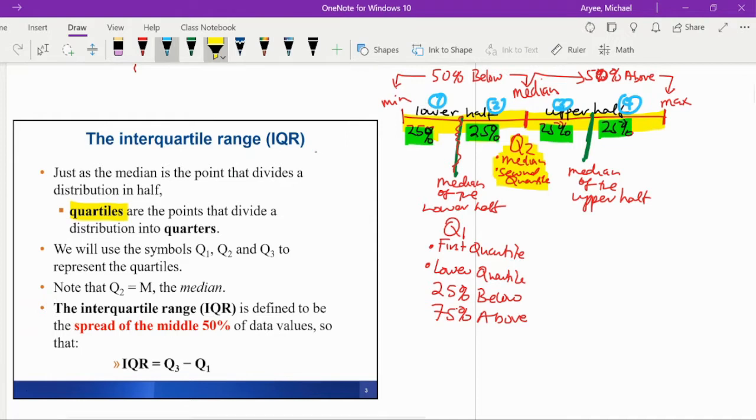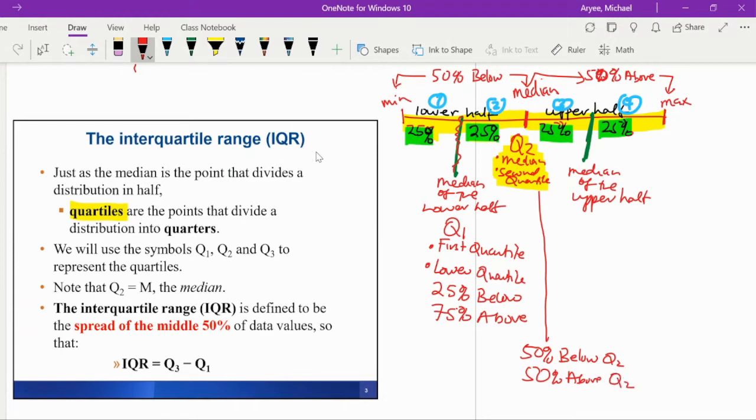Note that the median is such that 50% of your data is below it and 50% of the data is above it. So let me make a long line here and say 50% of data below Q2, 50% of data above Q2.